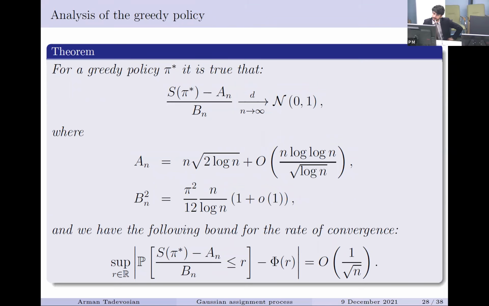We applied the central limit theorem to the specific variable S of pi star.